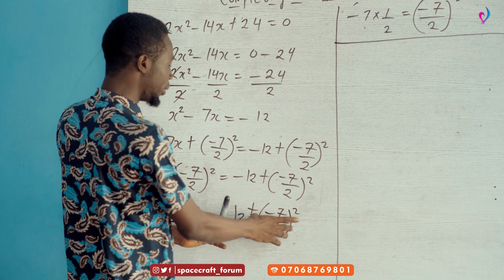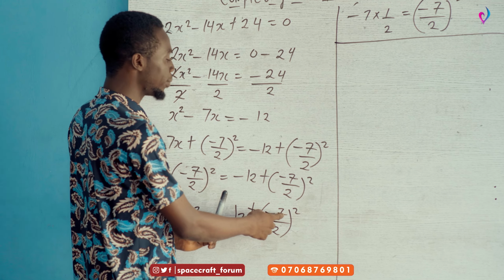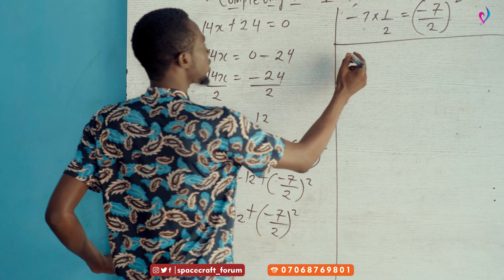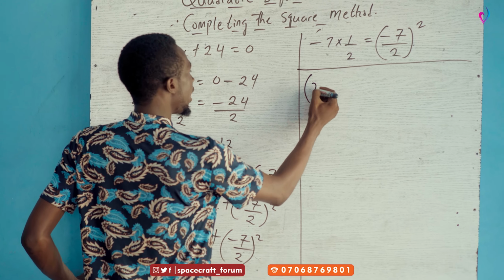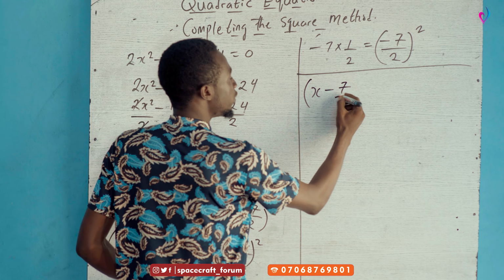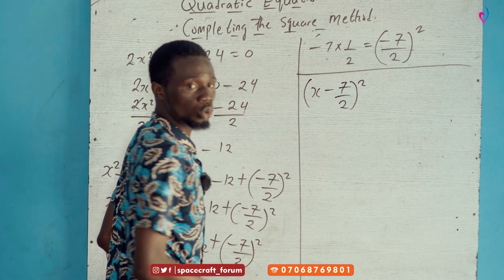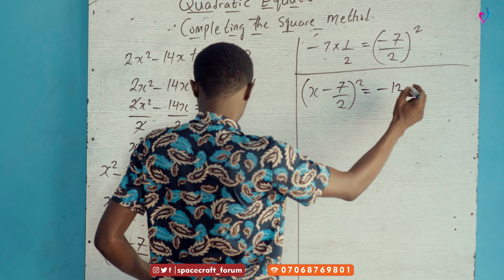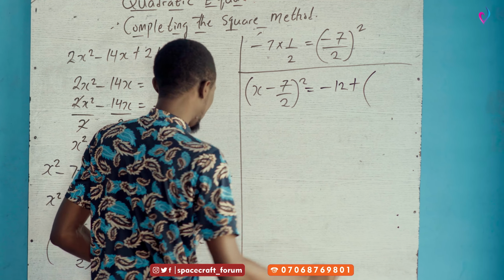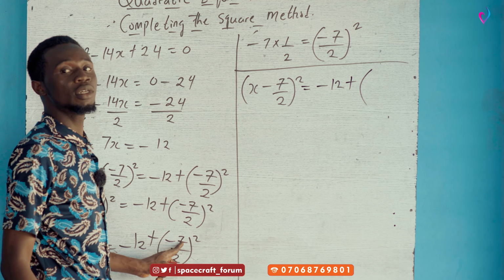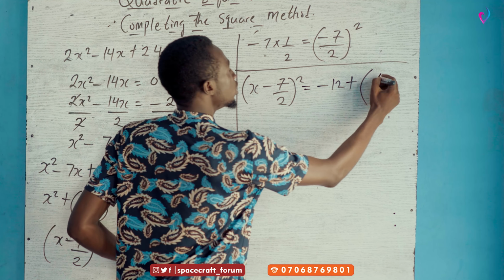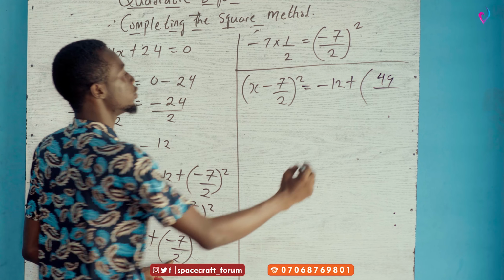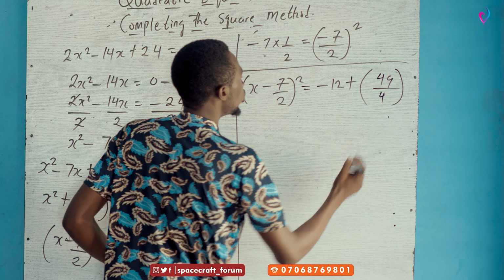We can open this bracket here. Minus 7 times minus 7 is 49. Then 2 times 2 is 4. Let's continue. We have x minus 7 divided by 2 all squared is equal to minus 12 plus open bracket minus 7 times minus 7 is plus 49, which is 49 divided by 2 times 2, which is 4, then close bracket.